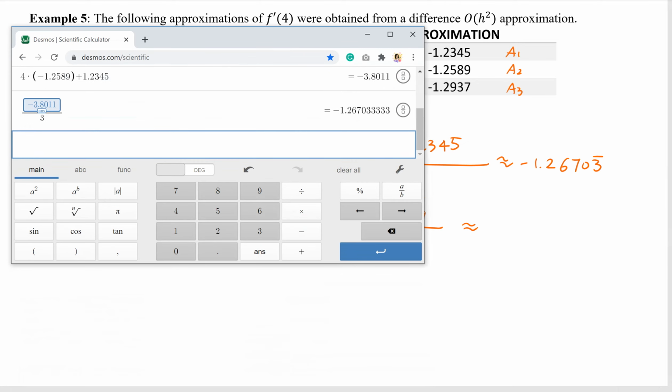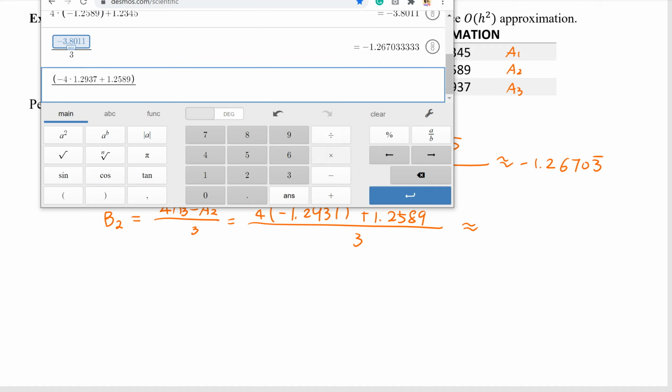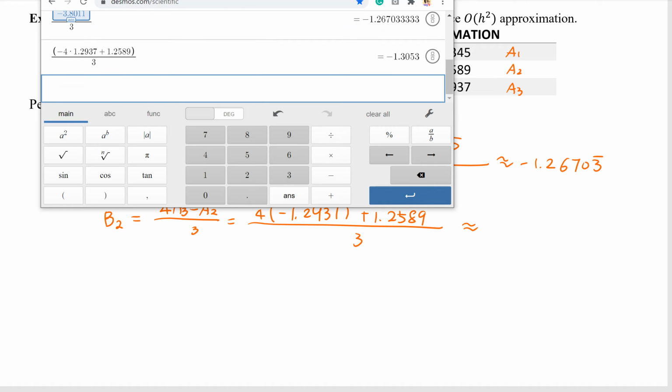So we get 4 times negative 1.2937, and then plus 1.2589, and all over 3. Okay, we get negative 1.3053.